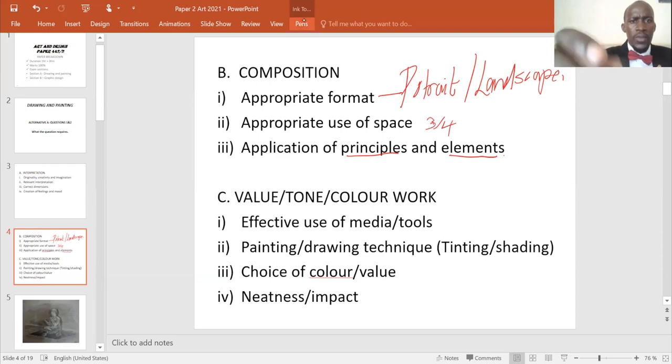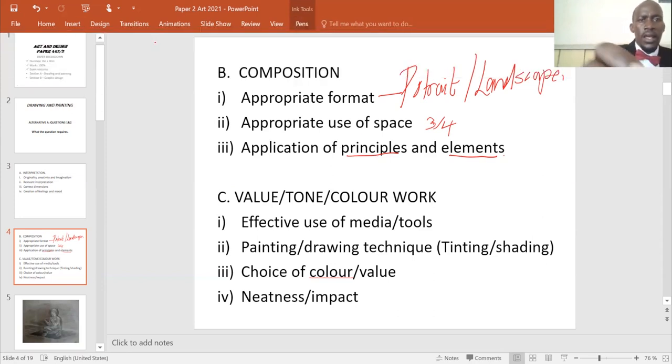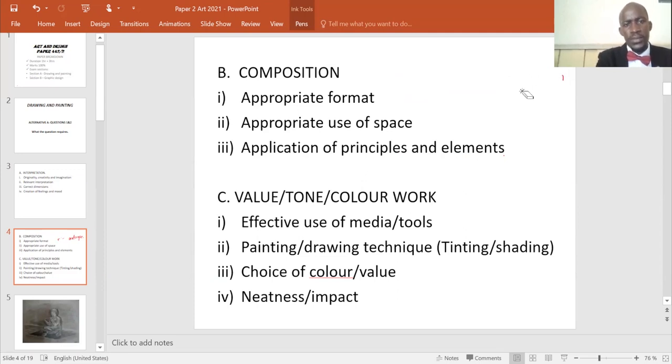The next area that the candidate should pay attention to when tackling paper 2 of art is the use of value, tone, and color in their work. Remember we mentioned in the composition the correct application of principles and elements.